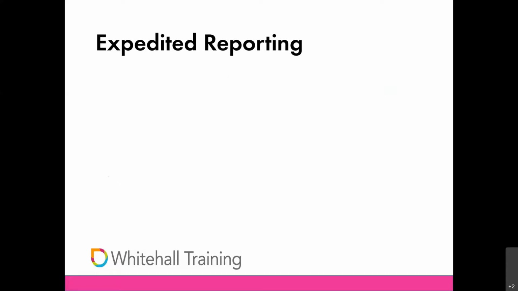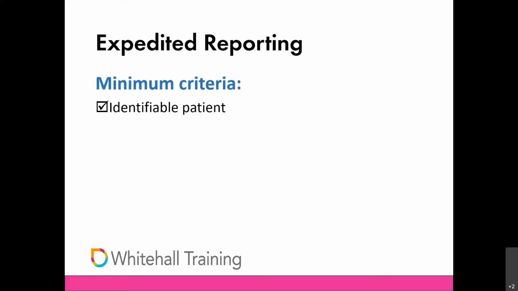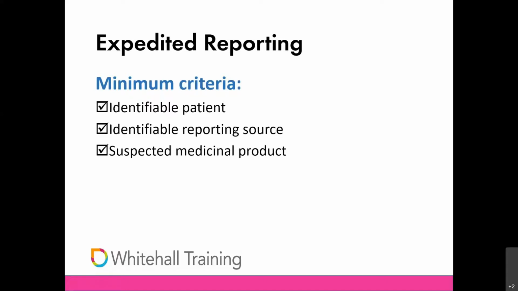So what are the minimum criteria for an expedited report? Well, any report needs to be valid. It needs to have a certain amount of information to be of any use. So there are minimum criteria. Number one, it needs to have an identifiable patient, an identifiable reporting source. There must be a suspected medicinal product.